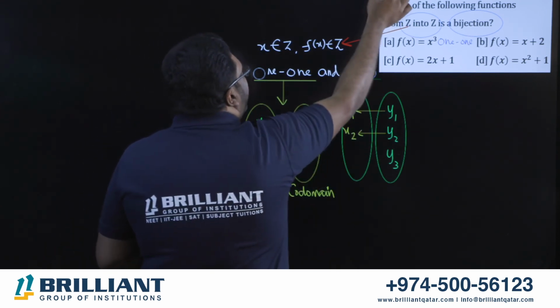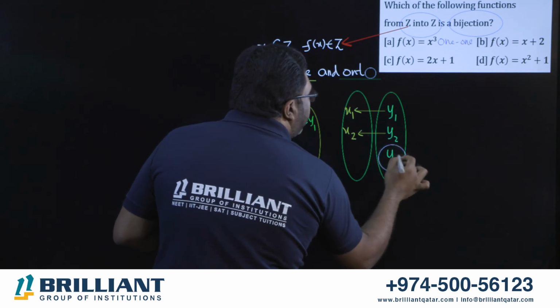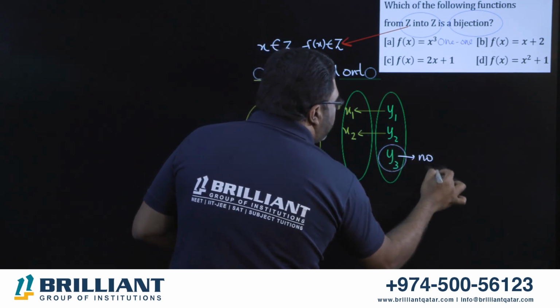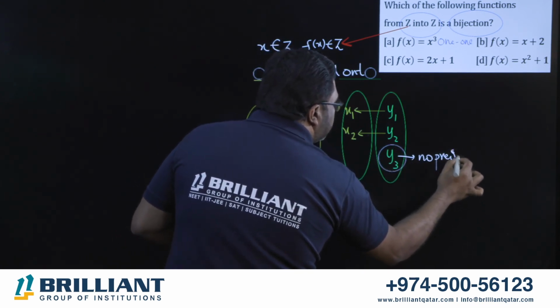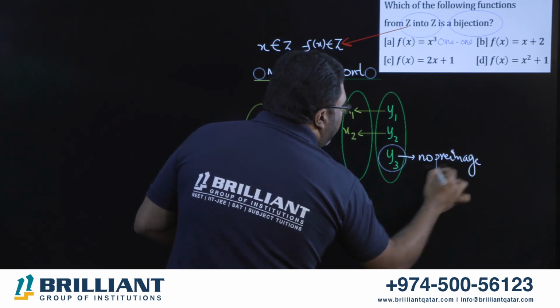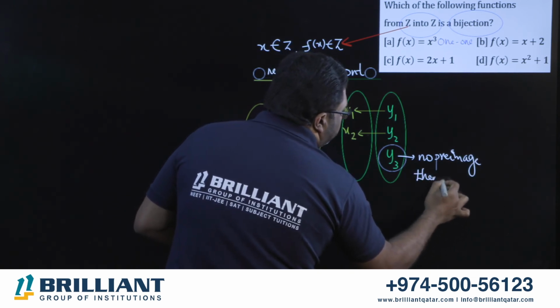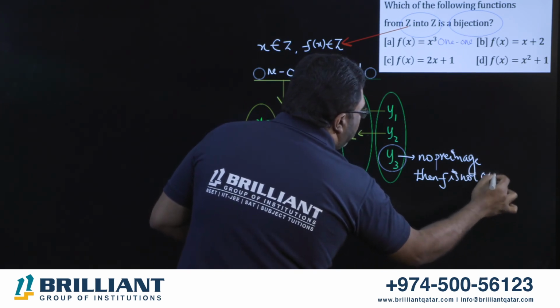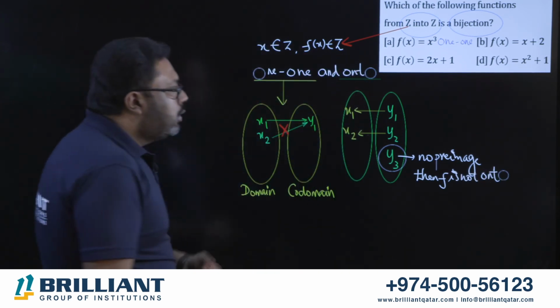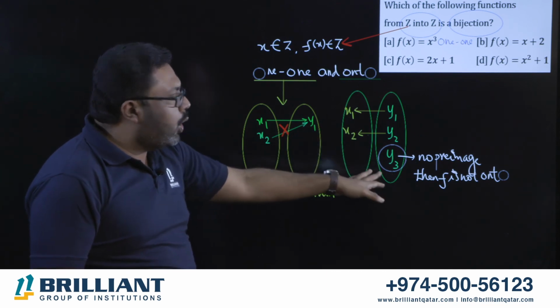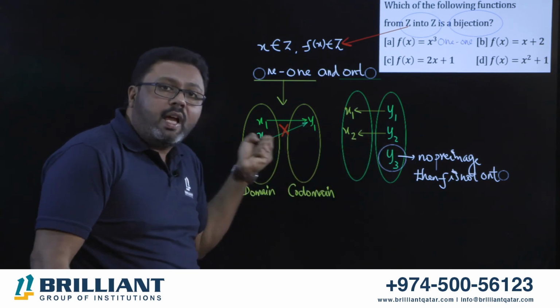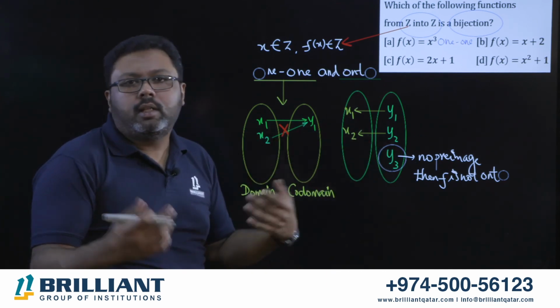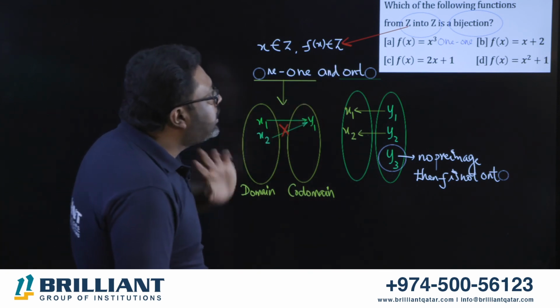And if I have a y which does not have a pre-image, then f is not onto. I believe everybody knows the theory. When you have a y in the codomain which does not have a pre-image, then f is not onto.